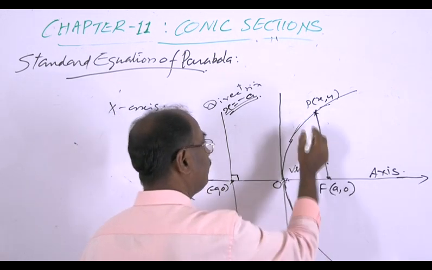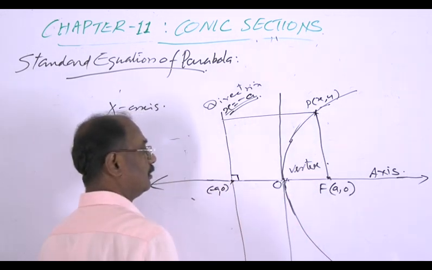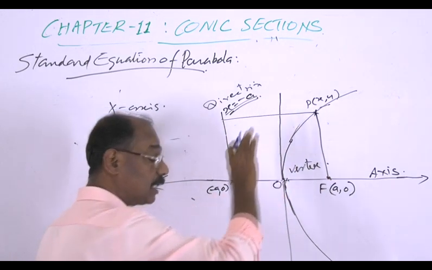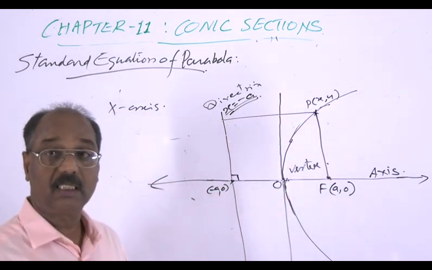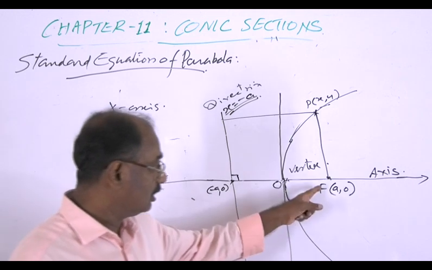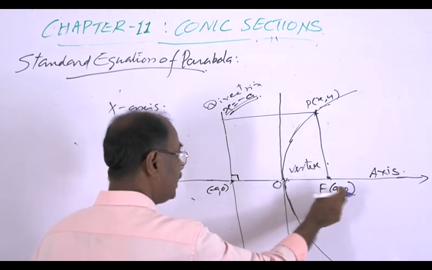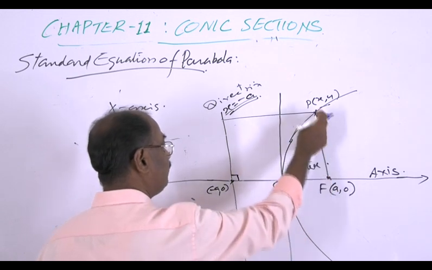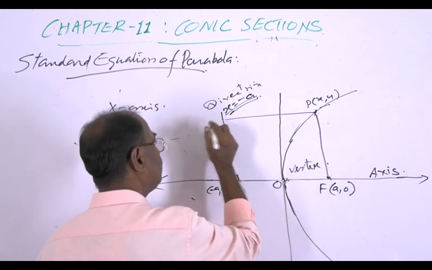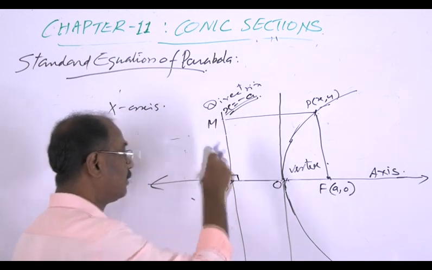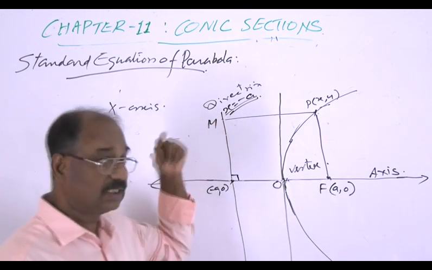And now consider the relation. P(x, y) is a general point on the parabola. F is the point (a, 0). Draw PM perpendicular to the directrix.